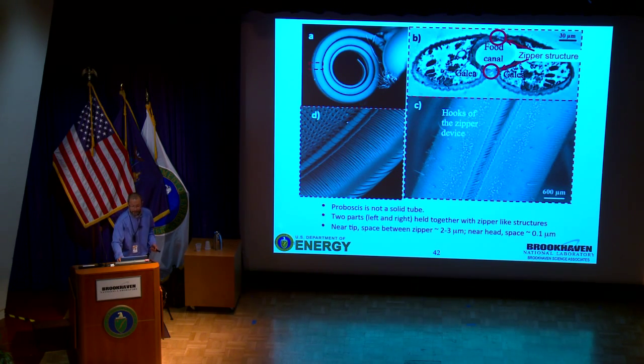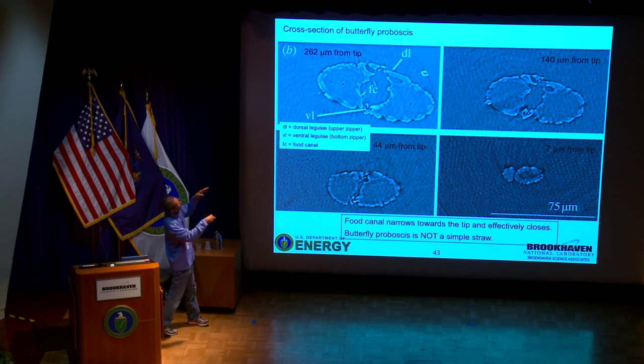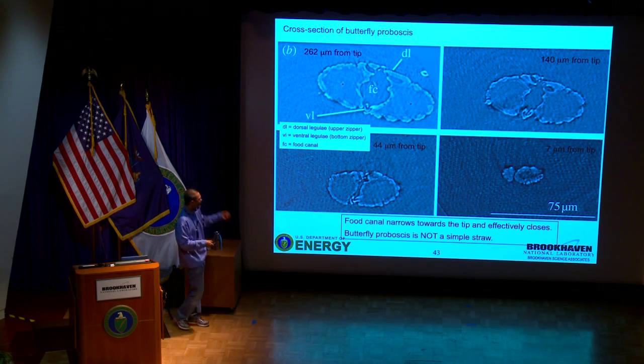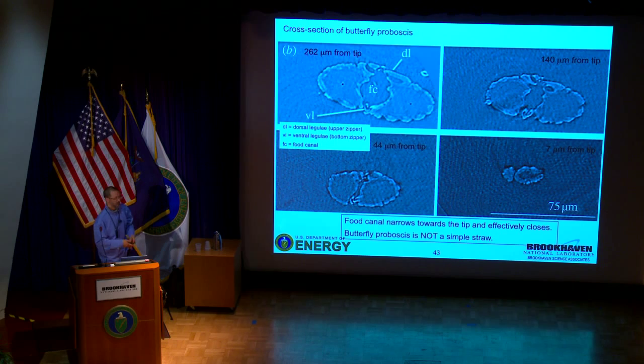And so, again, here is a cross-section of the proboscis at 260 microns from the tip. Here's the food canal. But as you go closer to the tip, what you see is that this food canal narrows, and at the tip there is actually no food canal. It's actually closed. So the butterfly proboscis is clearly not a simple straw.